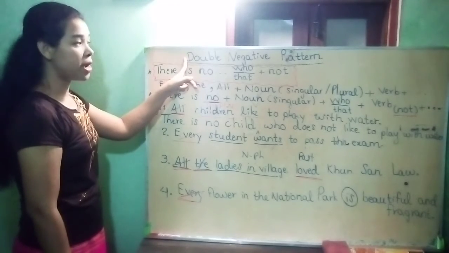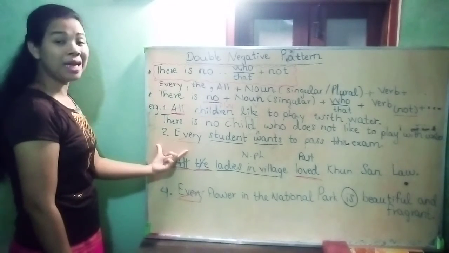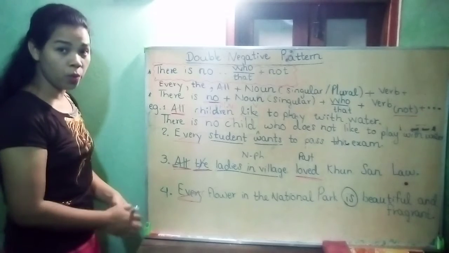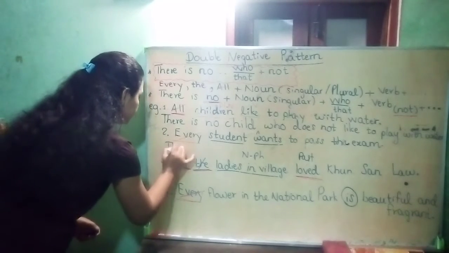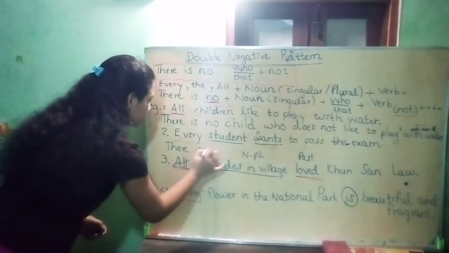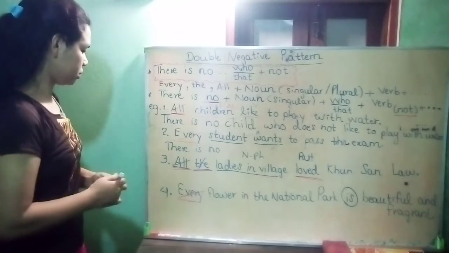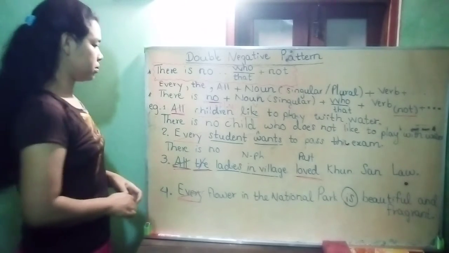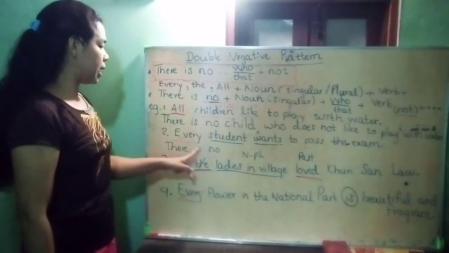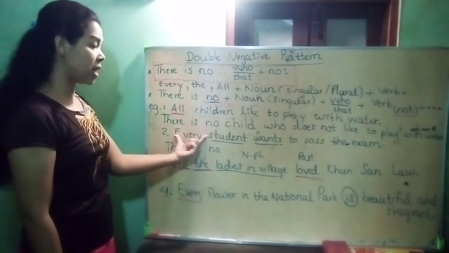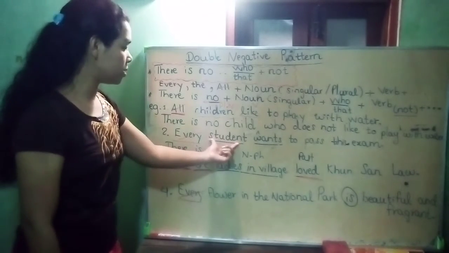In order to change to the negative form, you will begin the sentence with there is no. And then after the determiner, you will see student.